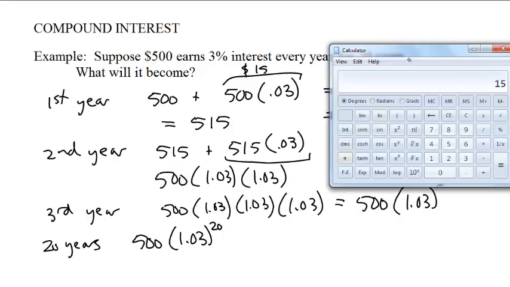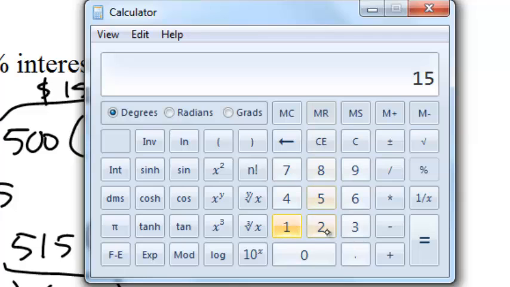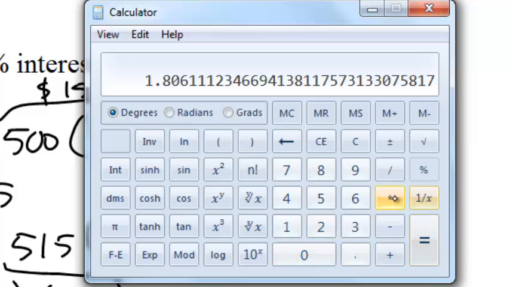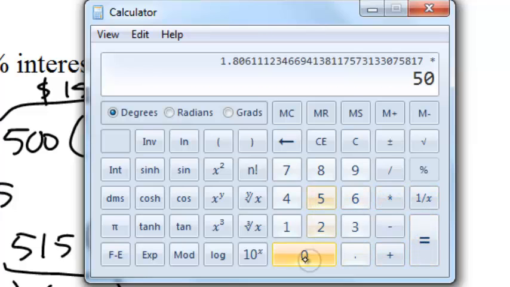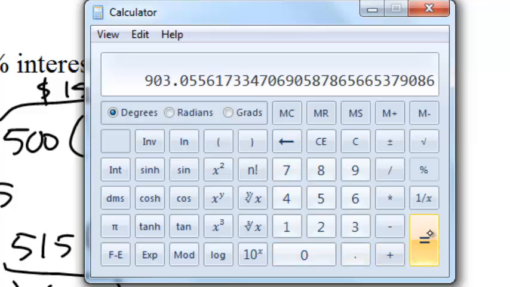You have to do the exponent first. You raise 1.03 up to the 20th power. Pa-ching. You multiply that by 500, and it is $903.06.